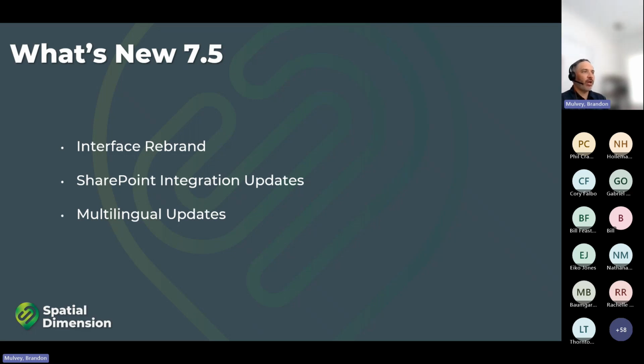After the rebrand, we have the SharePoint integration updates. I'll be going over these in detail. And 7.5 also includes multilingual and translation updates, where object types and lookups like documents and license types can be translated into different languages. And we'll see how users can use translations in their reports and notifications.